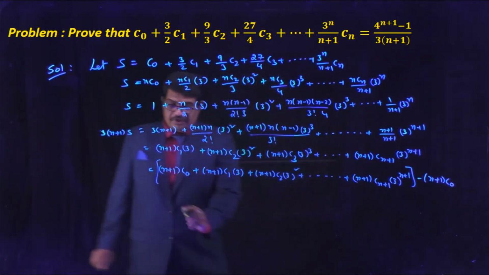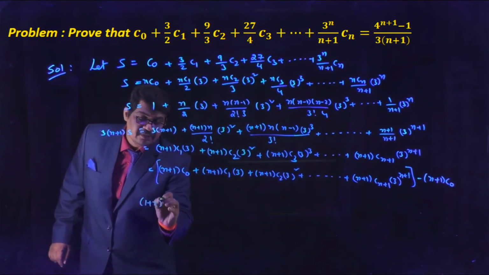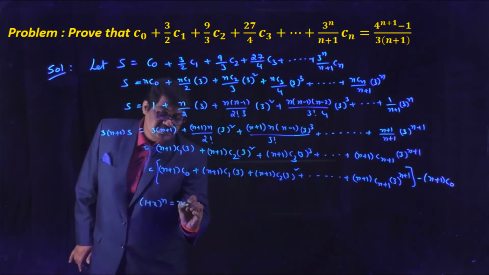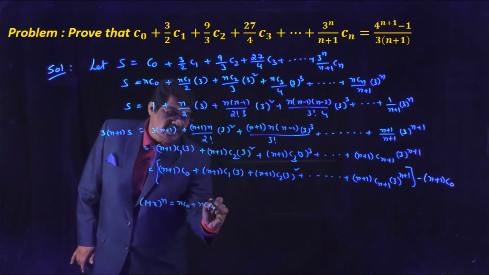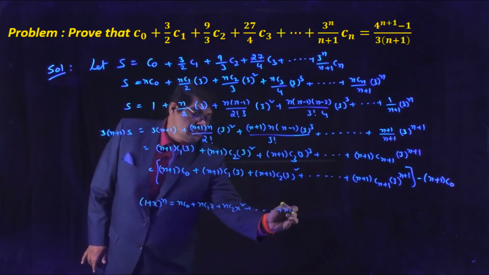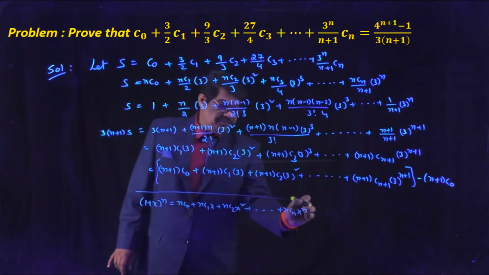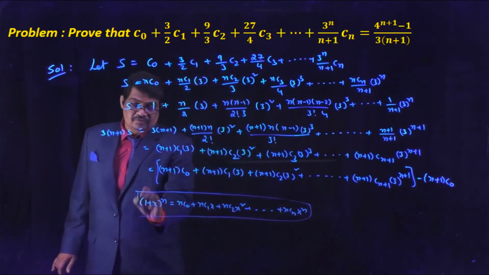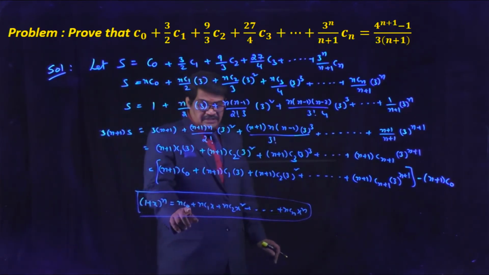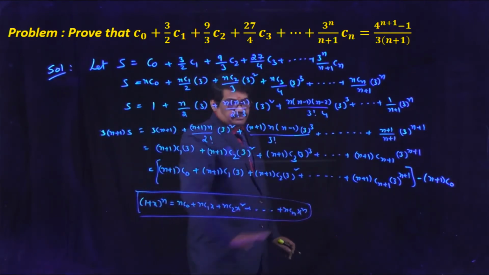So what is the binomial expansion? The binomial expansion of 1 plus x whole power n is equal to nc naught plus nc1 x plus nc2 x square and so on, ncn x to the power of n. So RHS is in this form: nc naught, nc1 x, nc2 x square and so on, ncn x power n.